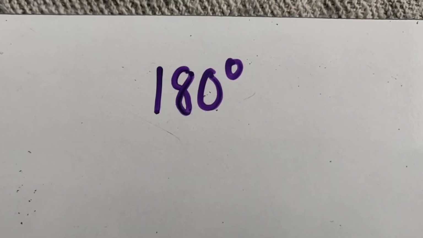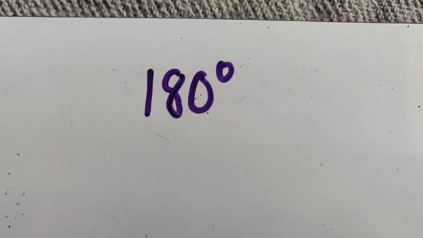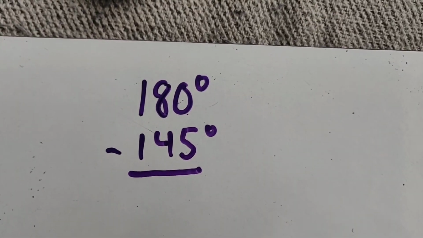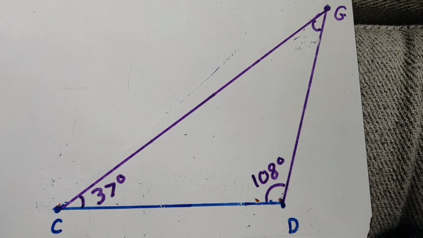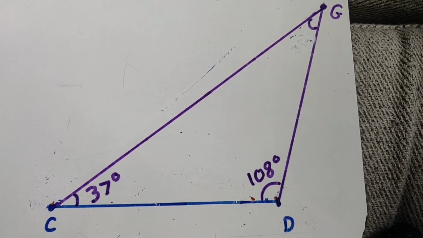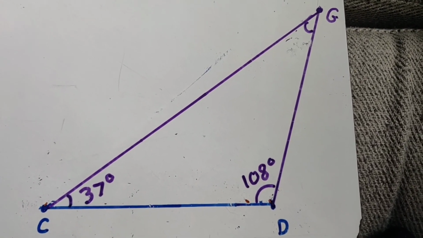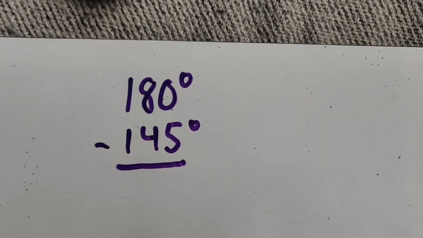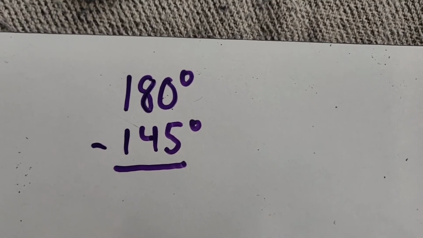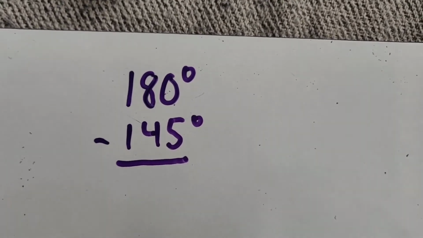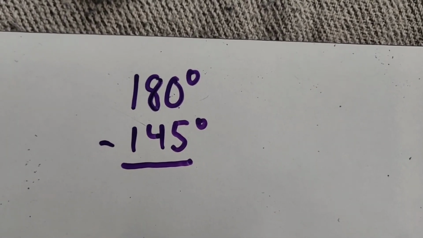So to find the measure of that remaining angle, we subtract the 145 degrees that we already have by adding up 108 degrees and 37 degrees from the total measurement of all the angles in the triangle, 180 degrees. And the difference is going to be the measure of that remaining angle. Go ahead and try to subtract this yourself. Pause the video and try to subtract this yourself, then come back.